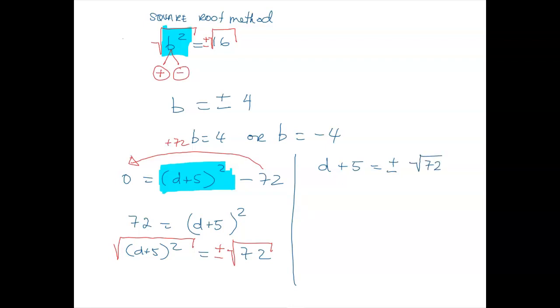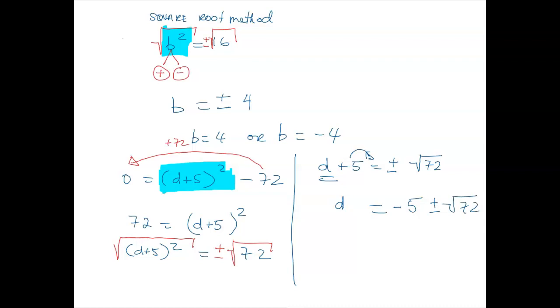We can actually simplify this, and I will simplify it at the end. All I have to do here is solve for d, right? That's what we're solving for. So that means the positive 5, I want to move to the right side. I'm going to have d is equal to negative 5 plus or minus the square root of 72.